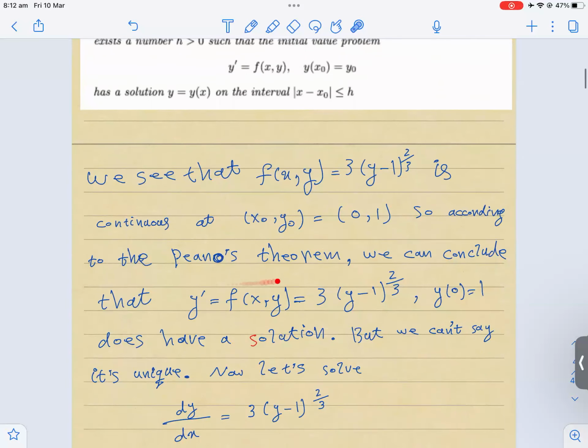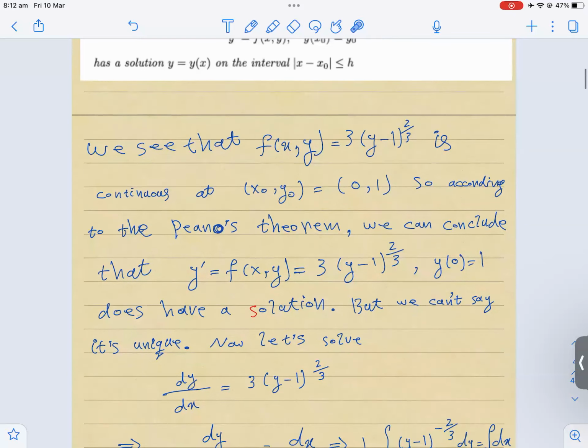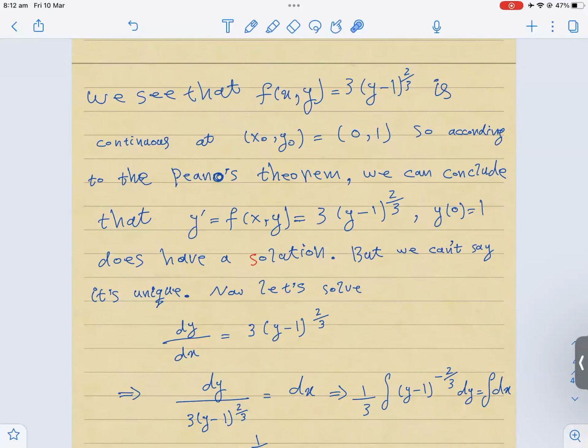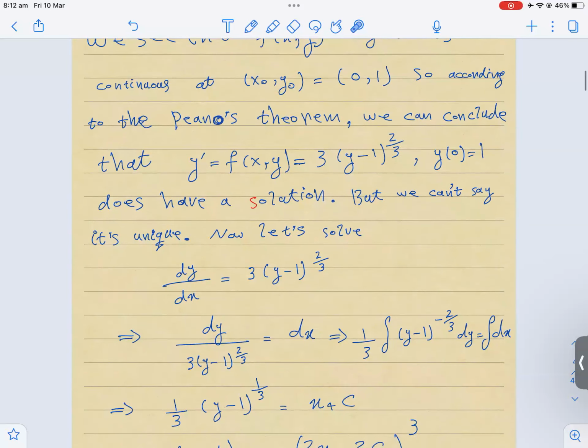So according to Peano's theorem, this y prime with this initial condition has a solution, but we don't know whether it is unique or not.